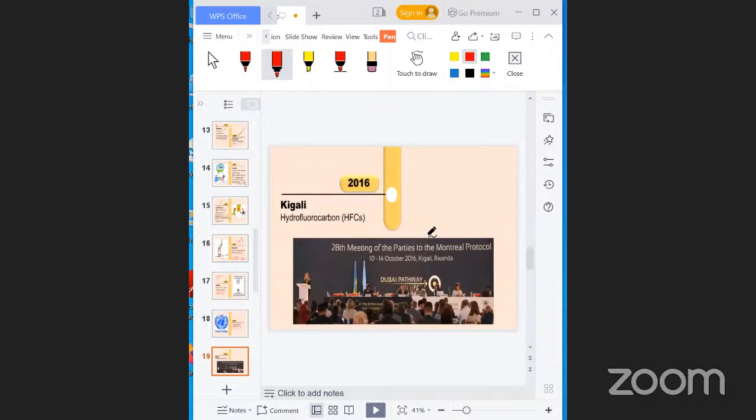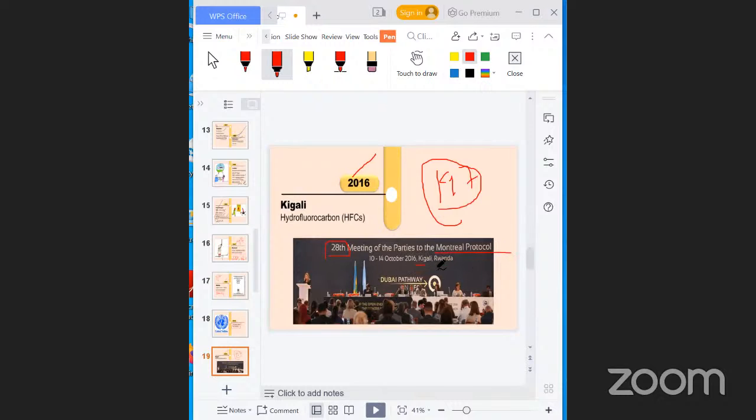This is also something they ask in examinations: what is the Kigali Amendment? It is in the year 2016, the 28th meeting of the parties to the Montreal Protocol, where negotiators from 197 nations signed a historic agreement to amend the Montreal Protocol in Kigali.